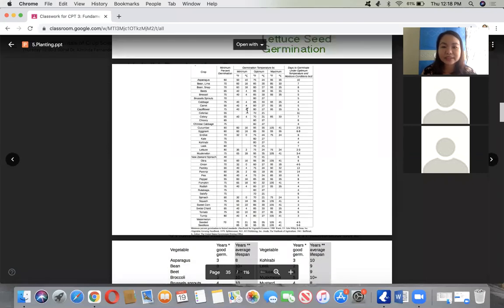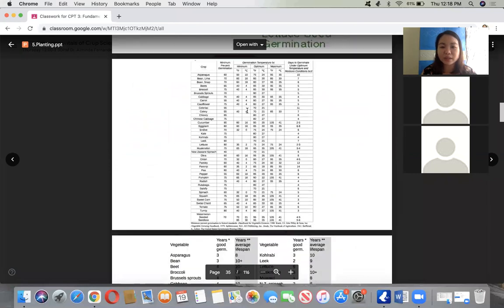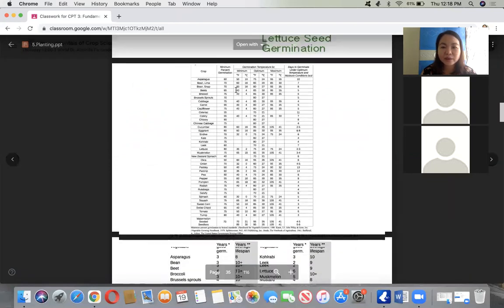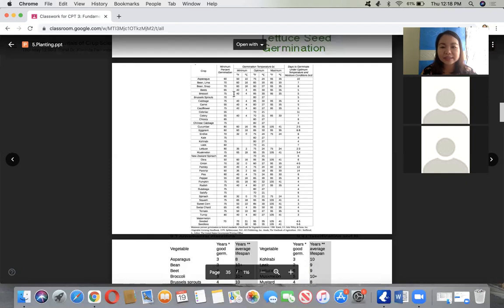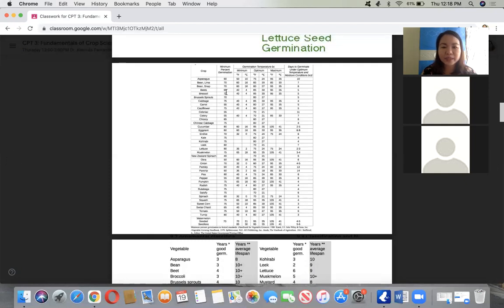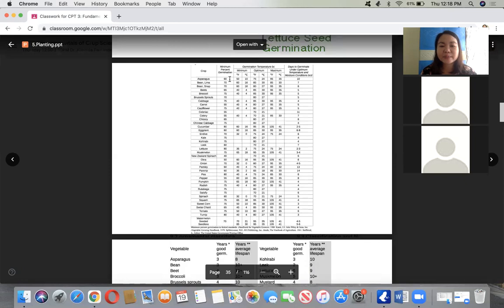This is a list of different crops with their minimum percent germination and their germination temperature requirements: minimum, optimum, and maximum. When we say optimum, this is the ideal temperature the crops need in order to germinate. Usually they have a percent germination; asparagus, for example, has a capability of 60% germination.